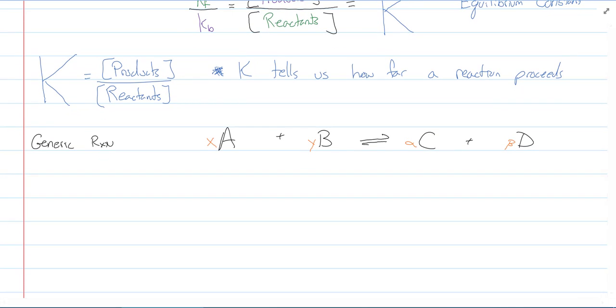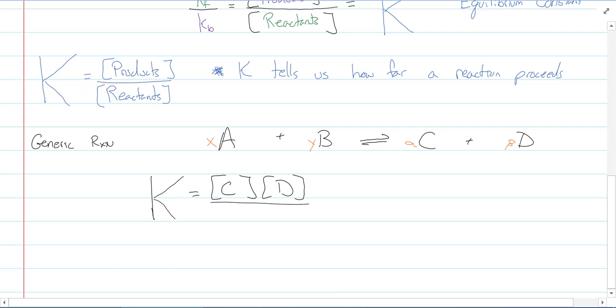So K, the equilibrium constant, and it's capital K, is equal to the concentration of products, concentration of C, concentration of D, over reactants, concentration of A, concentration of B. However, we raise them to their coefficients. So C is to the alpha, D is to the beta, A to the X, B to the Y. And so that's what happens.